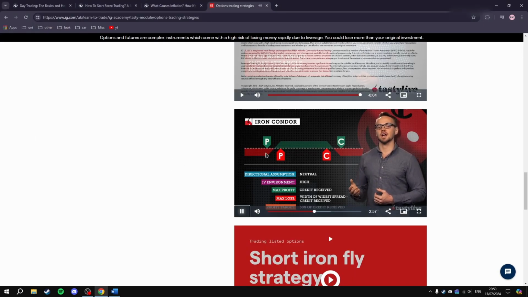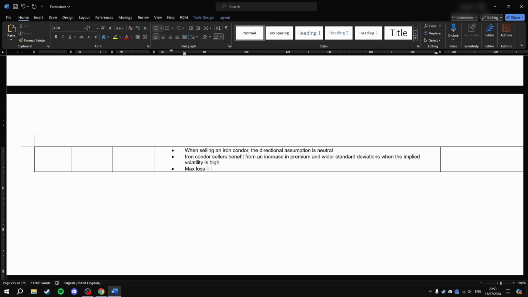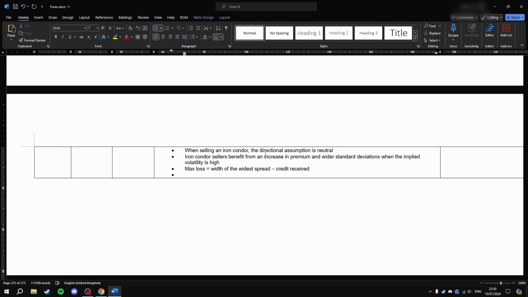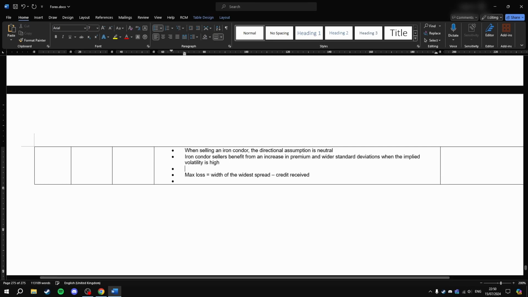We keep our risk in check with iron condors by comparing our credit received to the width of the spread. Max loss is equal to the width of the widest spread minus credit received. Max profit is equal to credit received.